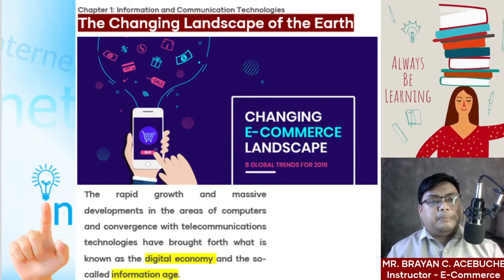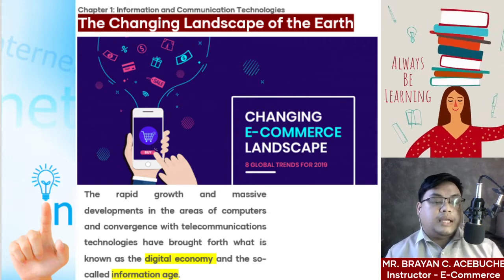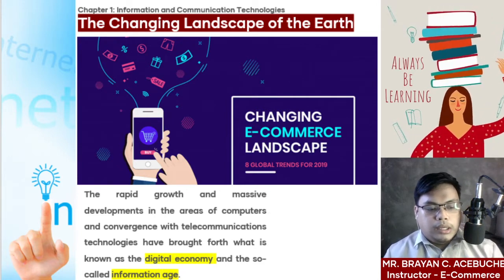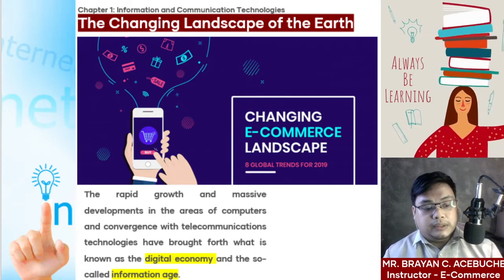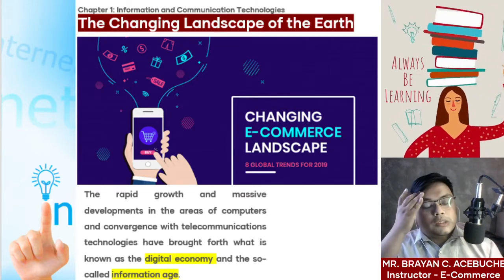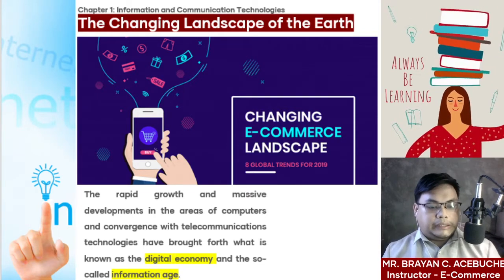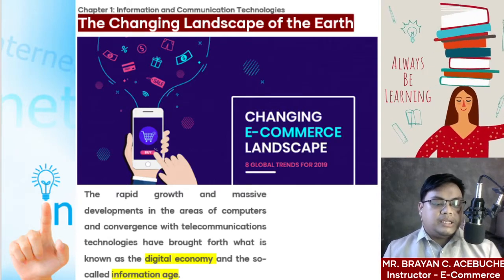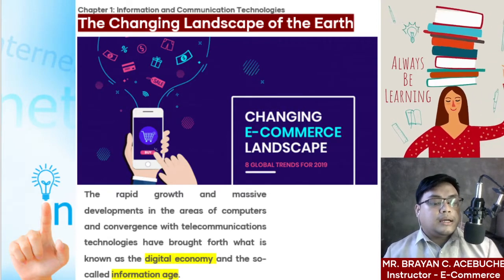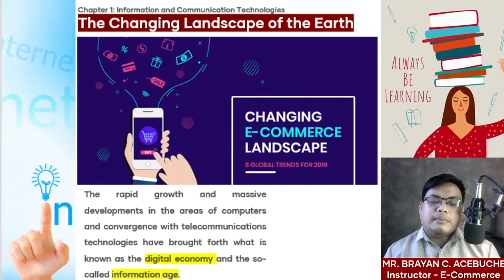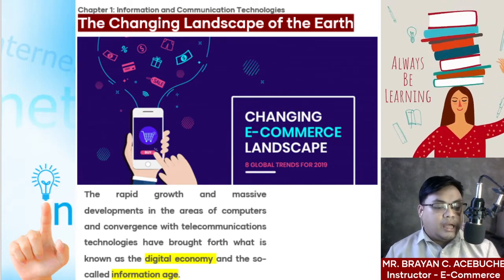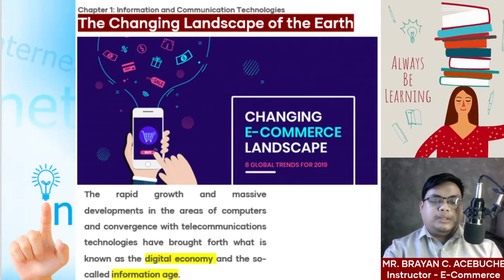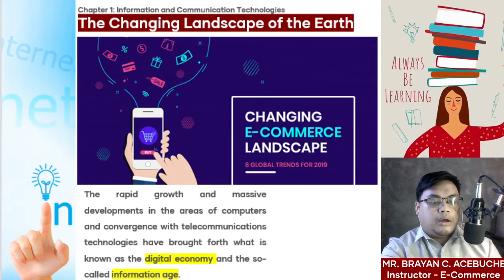Though may mga ibang places pa rin talaga in the Philippines na hindi pa rin naaabot ng ganitong klaseng teknolohiya. Okay, so during the last 2,000 years, humanity has witnessed a variety of inventions, innovations, and developments that have propelled its growth and have given mankind the convenience as well as comforts along with the negative effects that come with it.